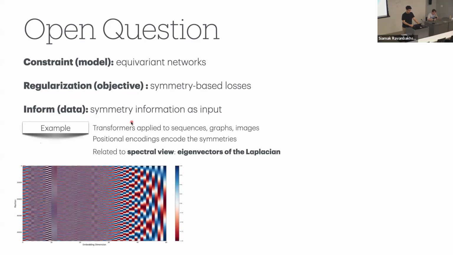And these positional encodings are often also derived from symmetry. These are usually the eigenvectors of the Laplacian, which are basically equivariant to the symmetries of the domain. So the question that I feel is important, and we don't have an answer to, is which one to use and why. And maybe this should be qualified: under what circumstances should each of these be used.